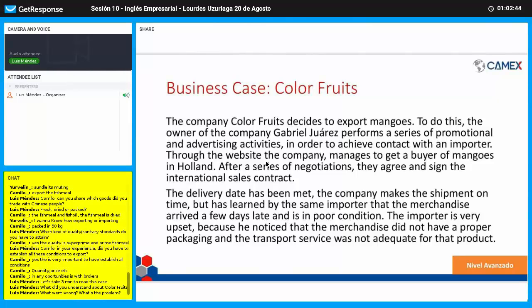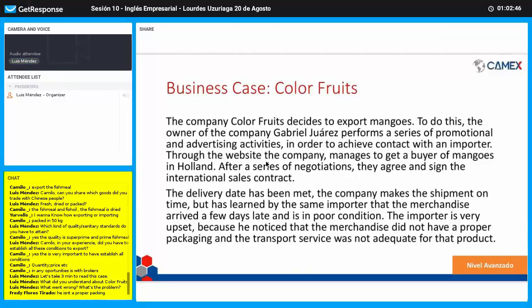So, Color Fruits could be many Peruvian foods that started to export to a country and they didn't know much about it. Okay, Freddy, I'm going to correct your phrase, which is correct, but it just has some minor mistake.